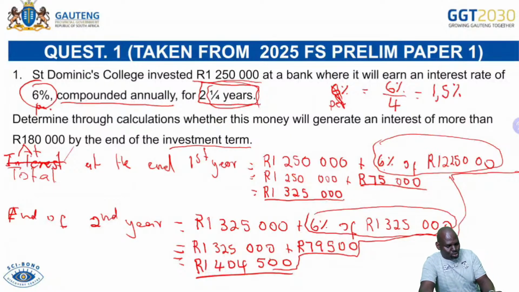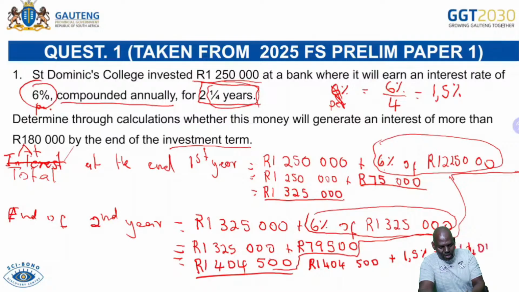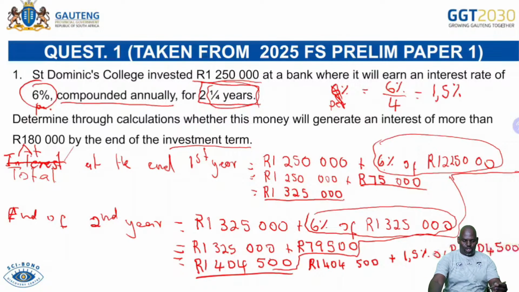But for 3 months, I have to divide it by 4 because it's a quarter of a year. So the last one, I'm going to say 1,404,500 and then plus 1.5% of 1,404,500. Sorry, I'm running out of space there.